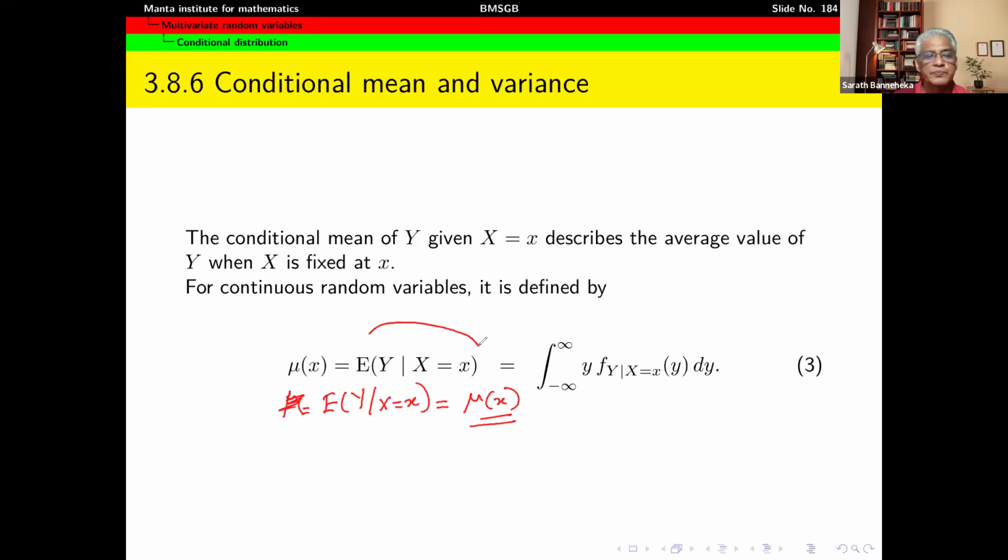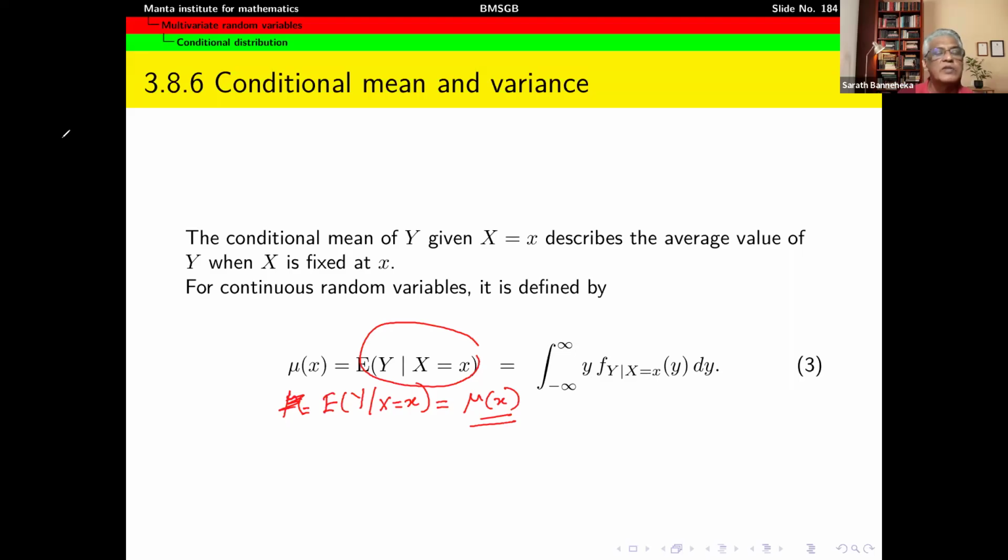And that will be mathematically equal to y times the conditional distribution of y given x is equal to x, integrated with respect to y. So that's how you get that value.